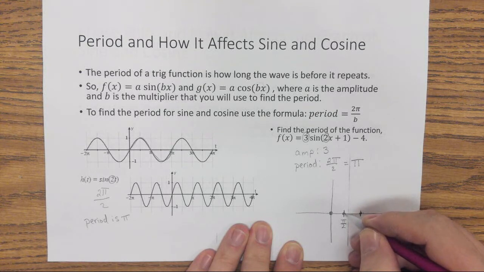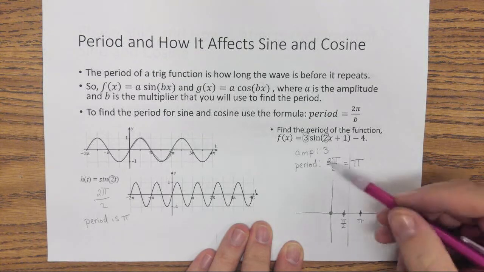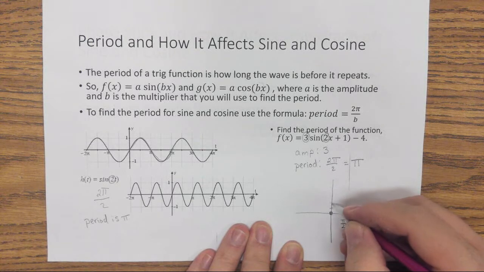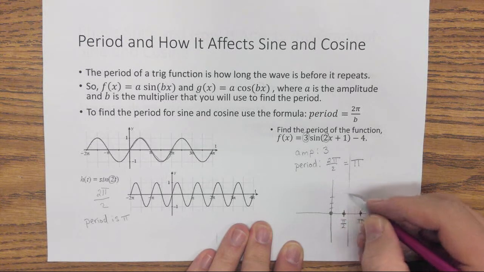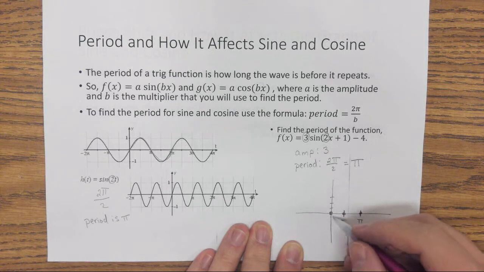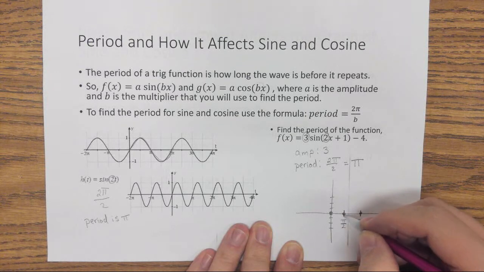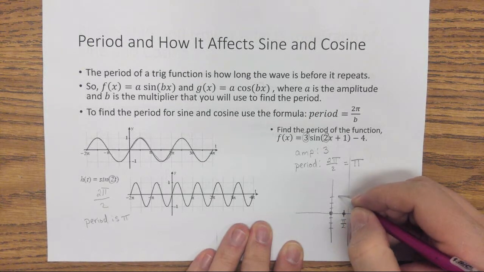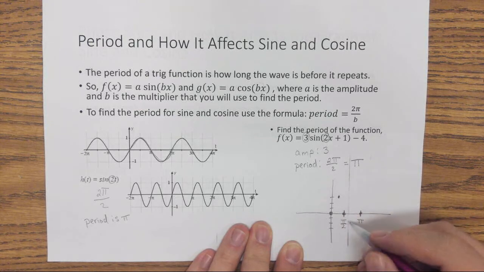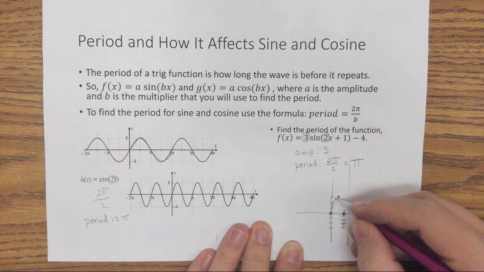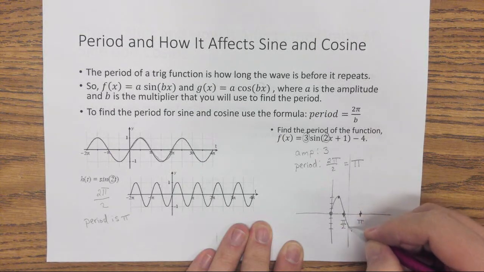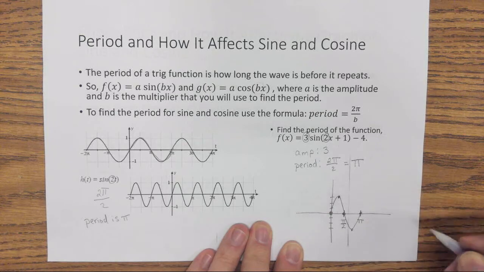Here's my middle point here, and my amplitude is 3, 1, 2, 3, and down 3, 1, 2, 3. So about halfway between 0 and pi over 2, I'm going to make a point up here, and about halfway between pi over 2 and pi, I'm going to make a point down here, and it goes up, down, and back up again.